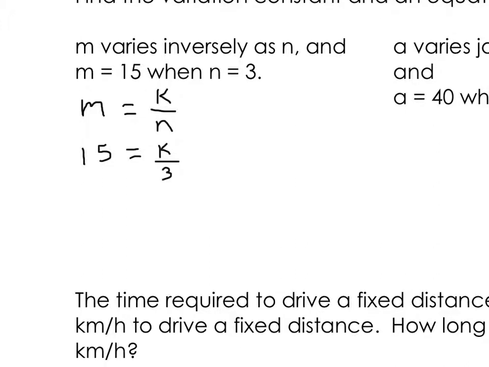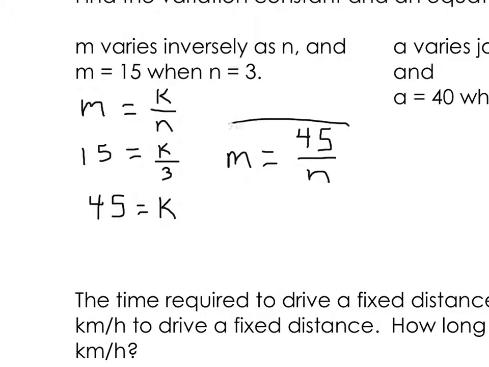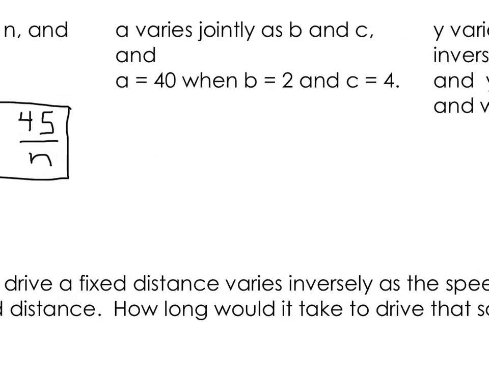What is k? Multiply both sides by 3. K is 45. So our final equation is m equals 45 over n. That is our equation of variation.